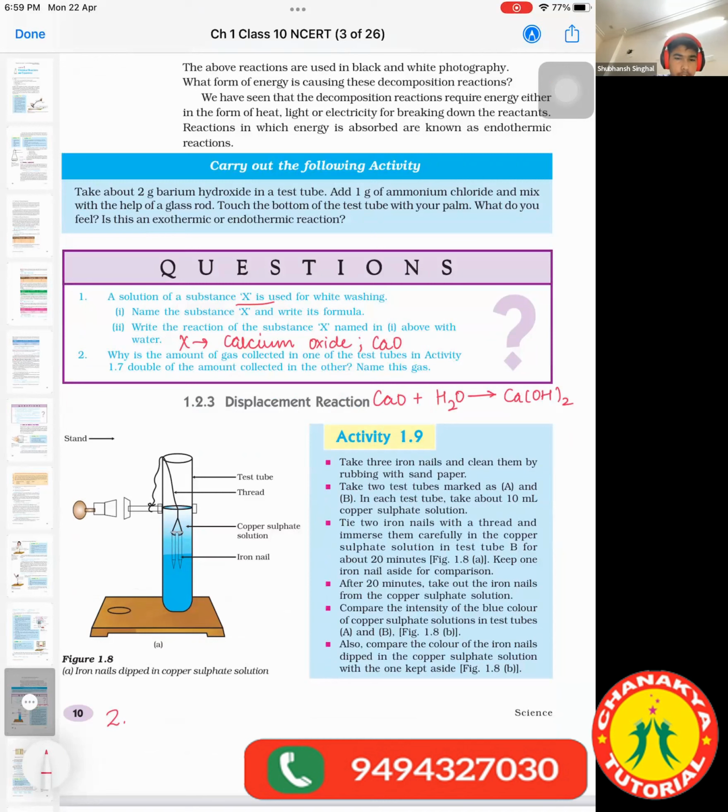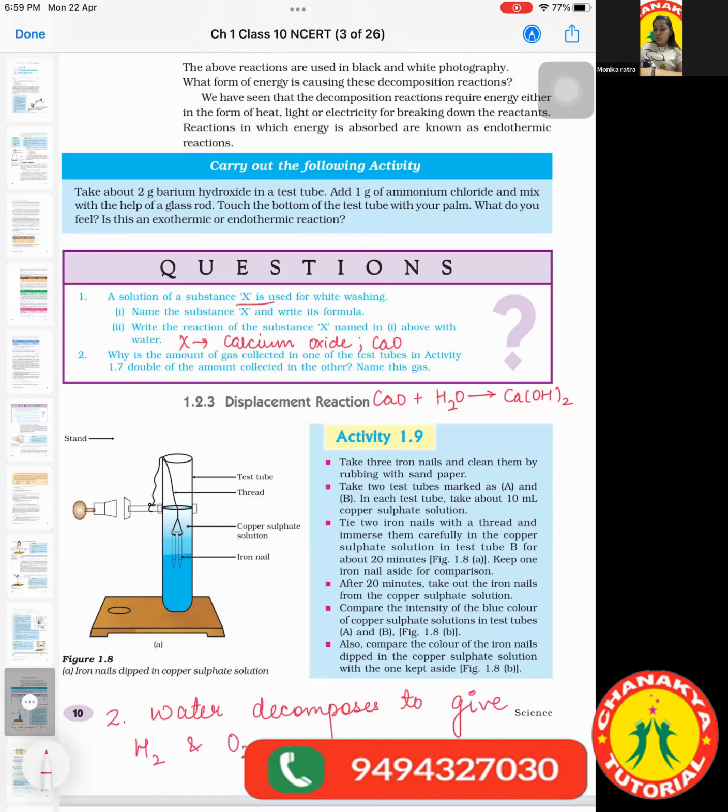So the amount of hydrogen is double that of oxygen. Basically, the water decomposes. I have made you all write this question also. I don't think you people are revising anything. Water decomposes to give hydrogen and oxygen in the ratio 2:1 by volume. I told you that you have to remember this by volume. And the gas which is double the amount is hydrogen. Now clear?